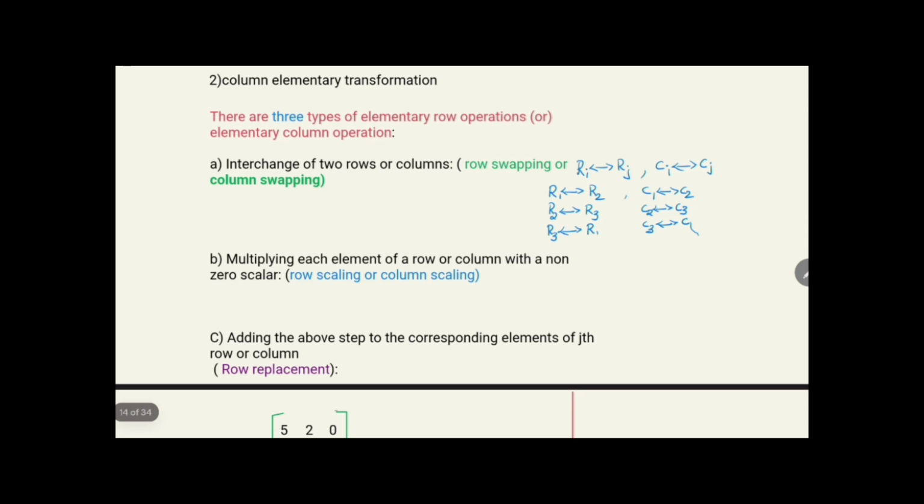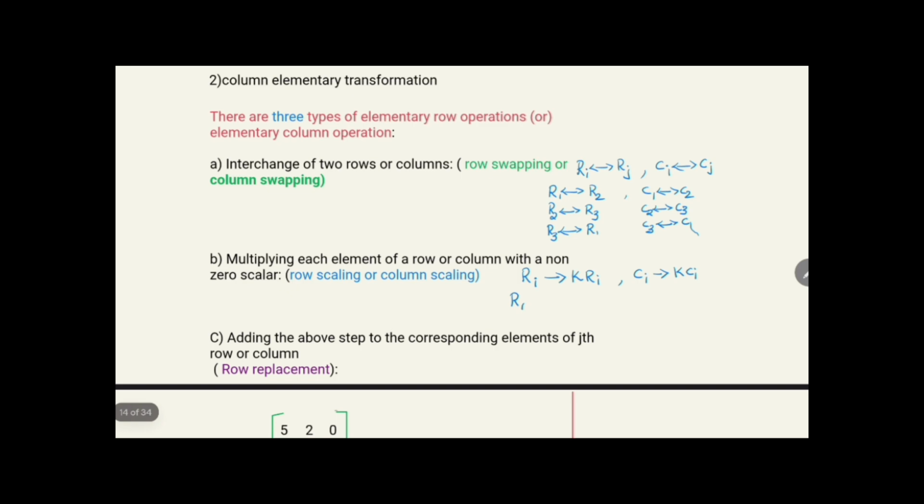Now coming to the second step, multiplying each element of a row or a column with a non-zero scalar. We call it row scaling or column scaling. That is, we have to multiply each element of a particular row or a particular column with a scalar factor. I will explain this. See here students. Ri implies k into Ri, and coming to the column, Ci implies k into Ci.